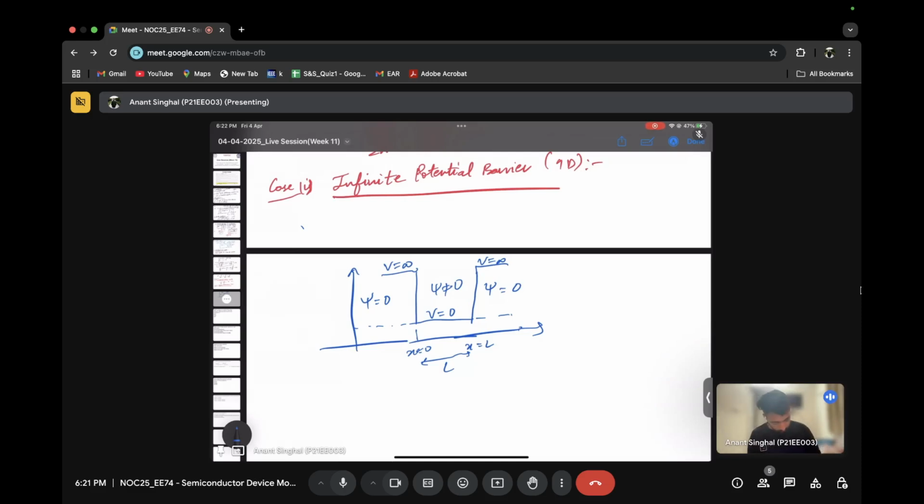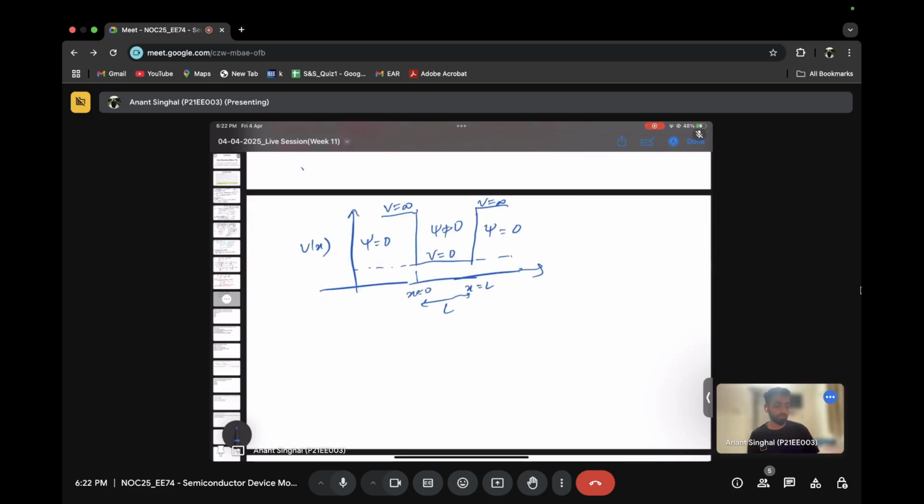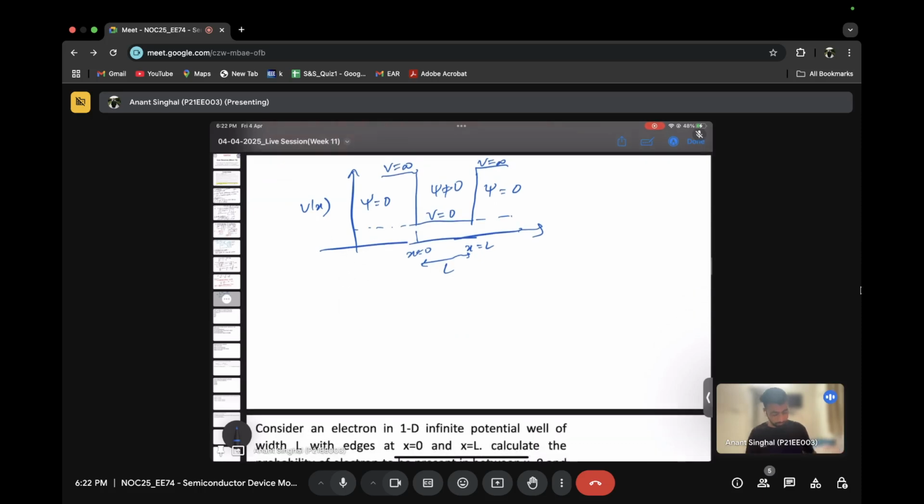So this is V of x, the potential energy part. It is infinite outside the well, and it is 0 inside the well. This is the case of the infinite potential barrier well, and we'll try to solve the Schrodinger equation for it. The electron cannot escape because it would need infinite potential energy to escape this well.